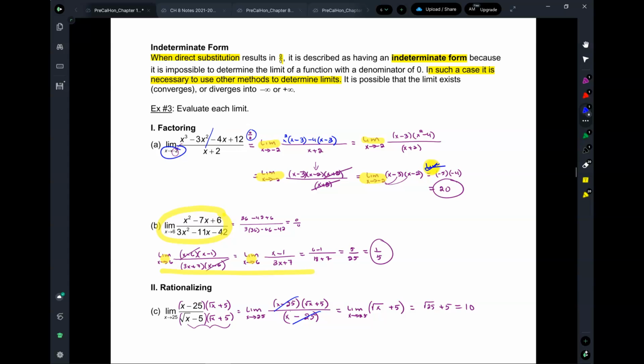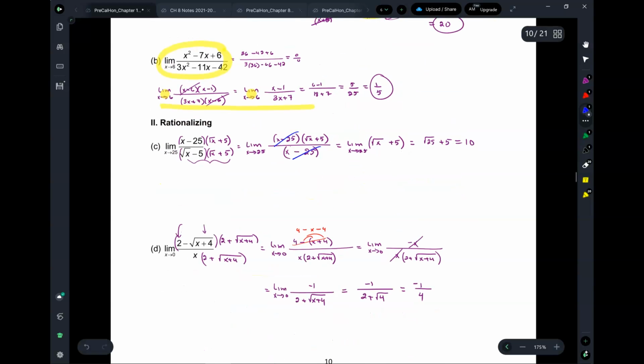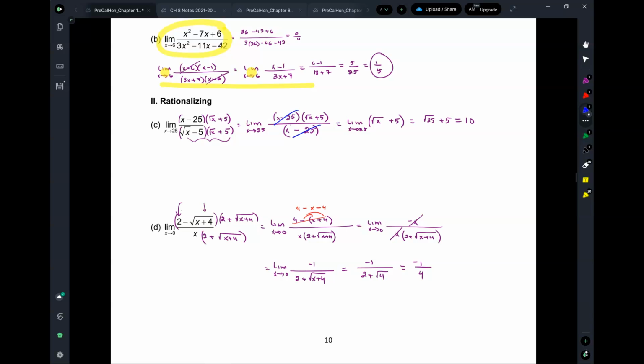The final limit could still be undefined, it could be DNE, it could be a number, it could be infinity. So we had to do some algebra, whether it was factoring to get the limit, or rationalizing to get the limit, right? You guys remember all that?